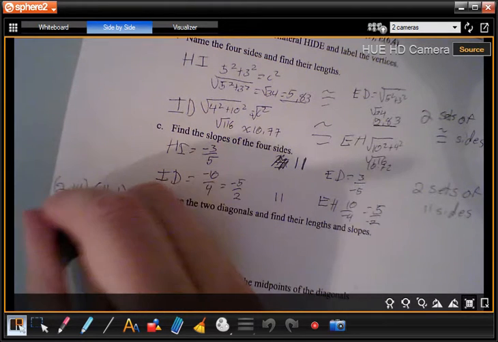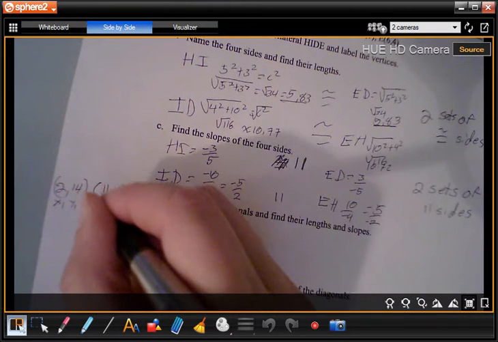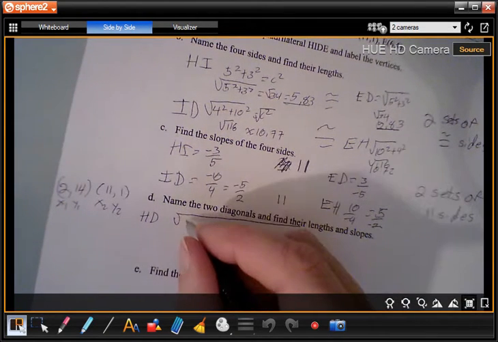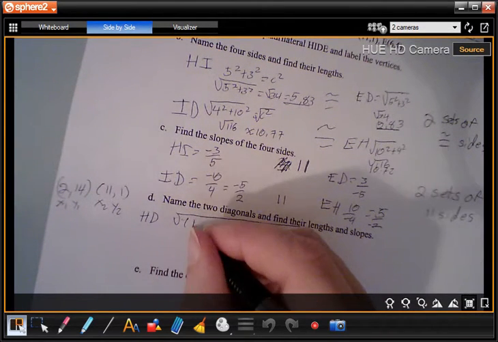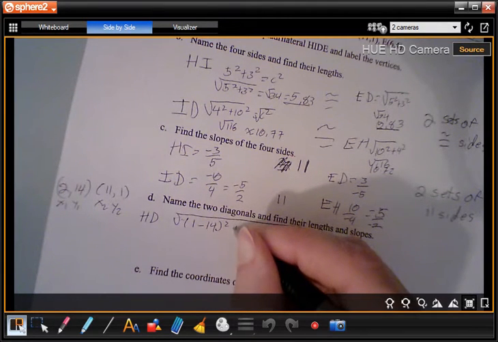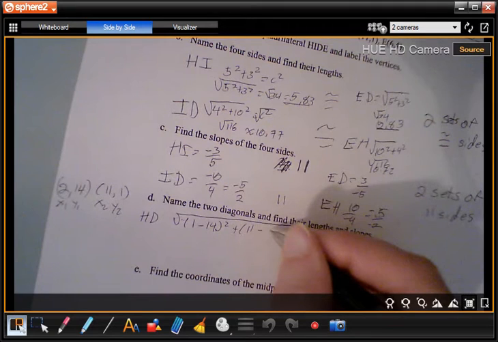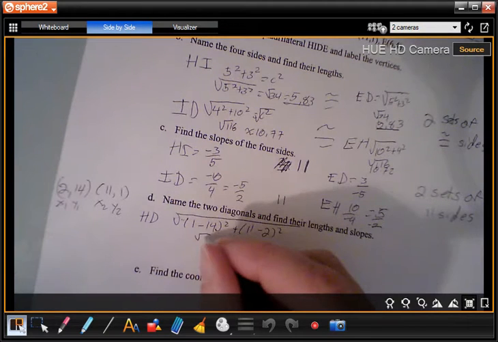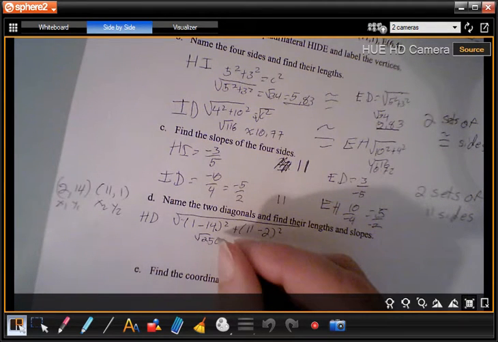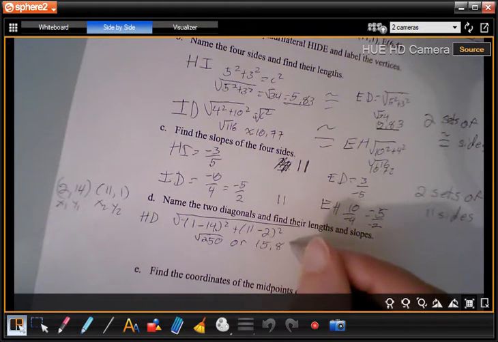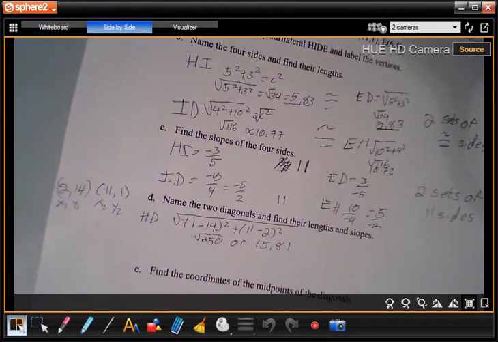I'm going to list them as x1, y1, x2, y2, and I'm going to stick them in the square root. So I'm going to go square root of y2 minus y1 squared plus x2 minus x1 squared. And I just put this in my calculator all at once, and I get the square root of 250, or about 15.81.